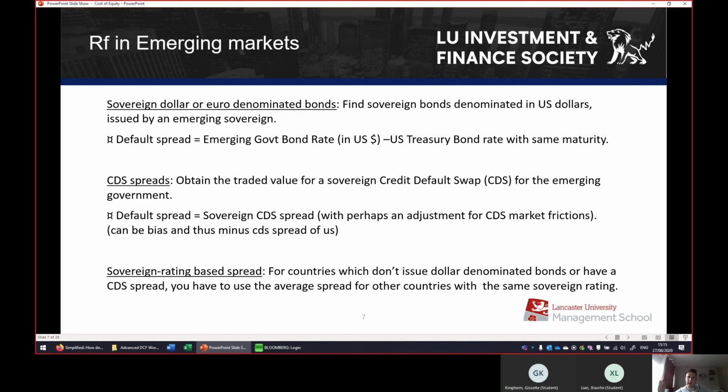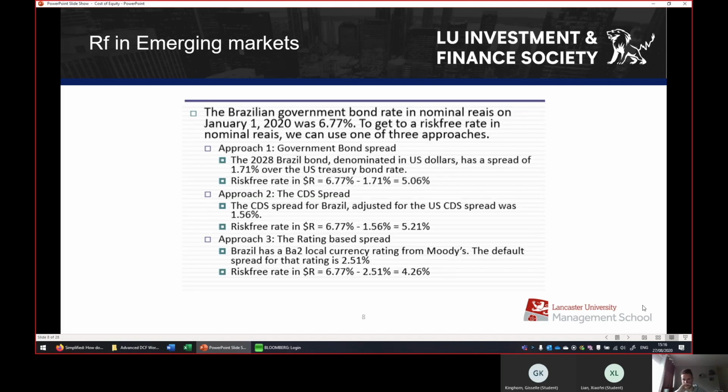So for example, if Argentina didn't have any bonds or anything that relates to other currencies, I would just look at the country's rating, again done by the credit rating agencies, look at other countries that have those ratings, and from that figure out what my default spread should be for this country. So you can extrapolate the data from other countries to figure out what the default spread should be on this country, and then we can use this default spread in the equation.